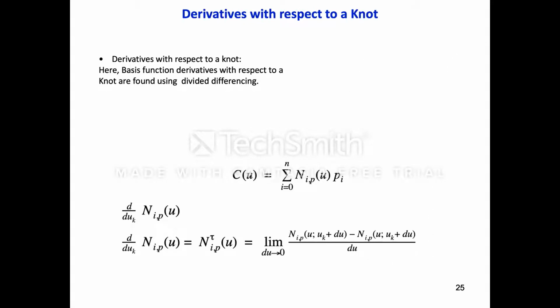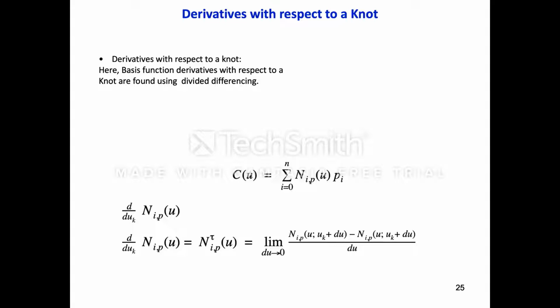Coming to derivatives with respect to a knot. Here, the basis function derivatives with respect to a knot are found using divided differentiation and knot differentiation. Here, C(u) is the summation of i equal to 0 to n of N_{i,p}(u) P_i. Let u_k be the knot multiplicity, d by du_k of N_{i,p}(u).